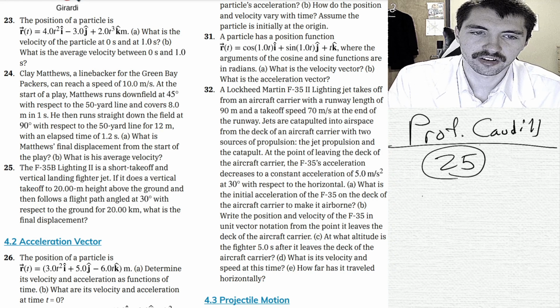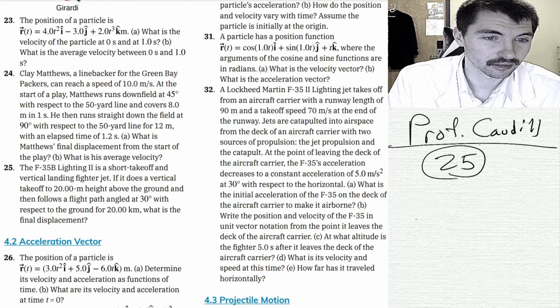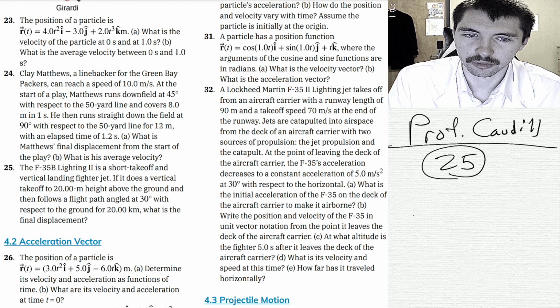So the F-35 Lightning is a short takeoff, vertical landing aircraft. It's pretty interesting. If it does a vertical takeoff, 20 meters.